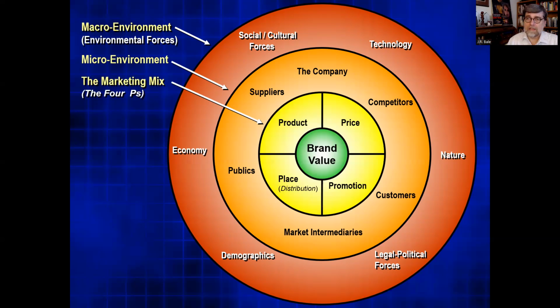You have to take advantage of it when it's moving in your direction and figure out how to deal with it when it's moving against you. And that's just the nature of this. And that includes things like cultural forces, technological forces, nature, legal and political forces, the economy, as well as demographics.